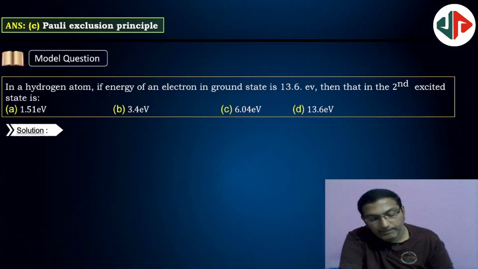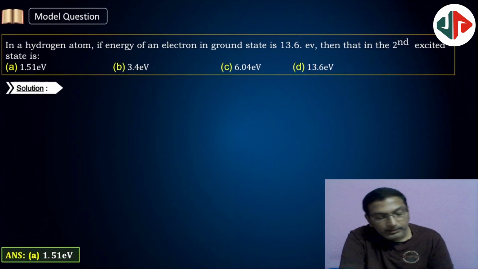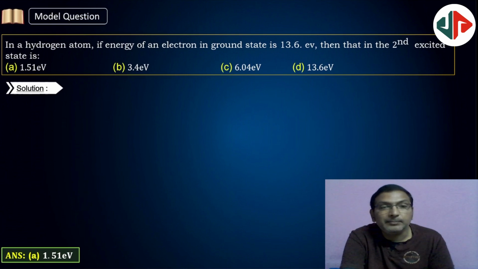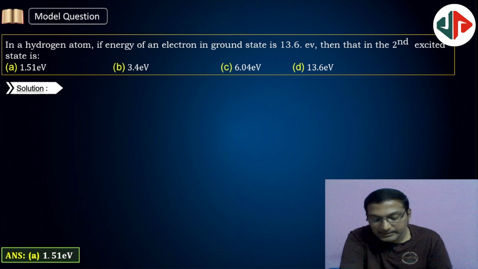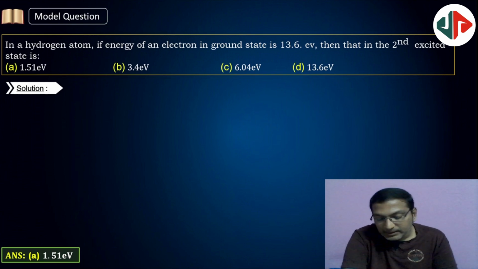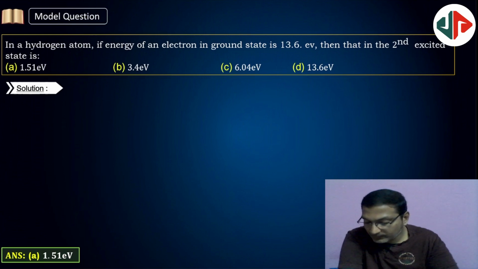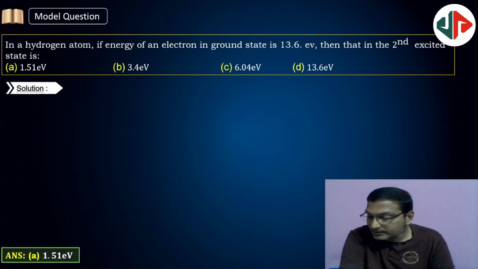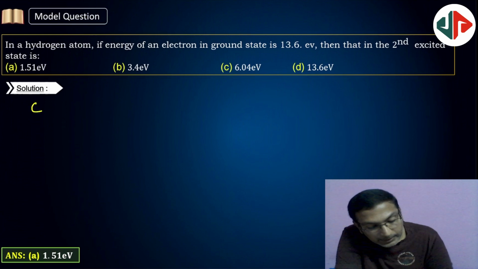Next question. In hydrogen atom, if energy of electron in ground state is 13.6, then the energy of second excited state is. Second excited state. So we know energy of electron in nth orbit is minus 13.6 into Z square by n square electron volts per atom.